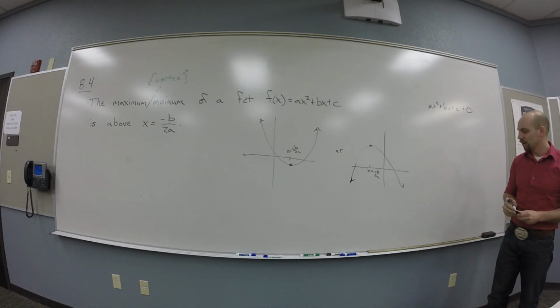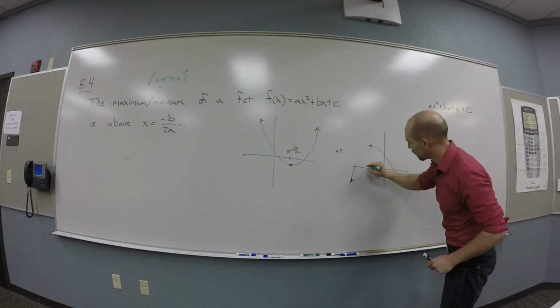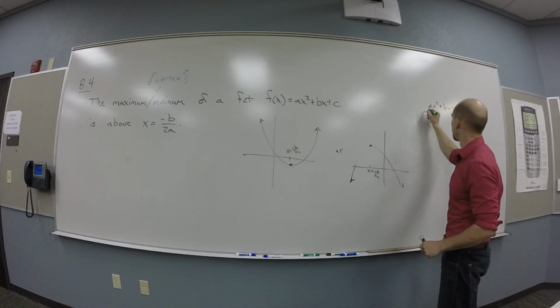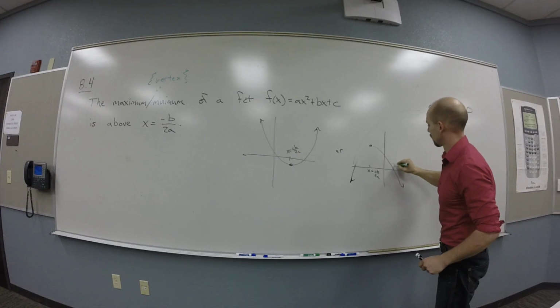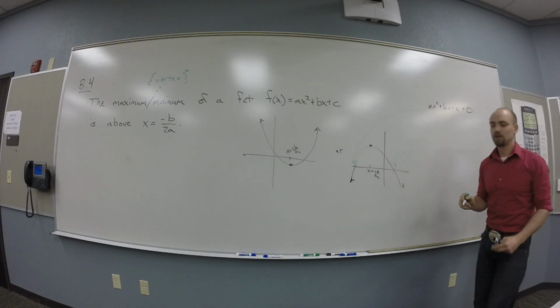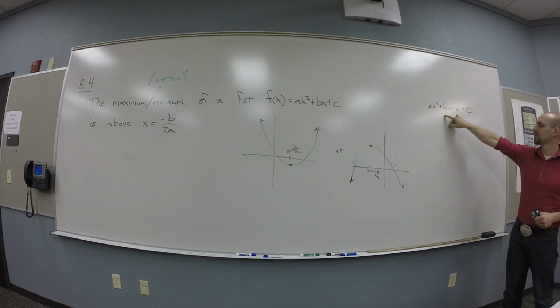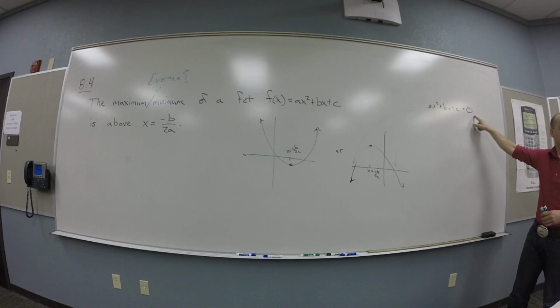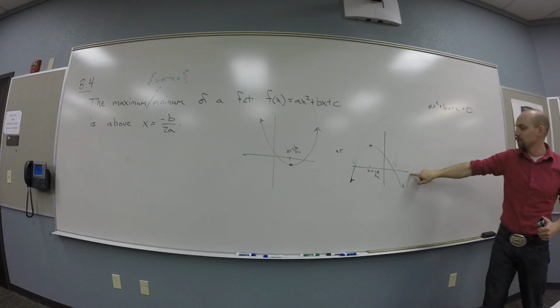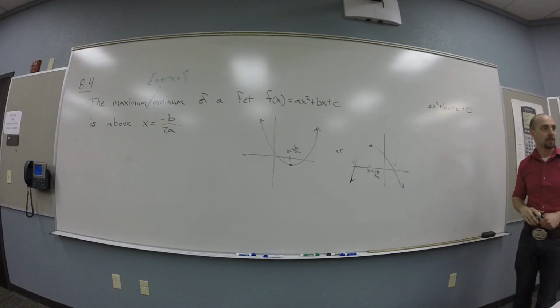So that's me looking for these two x values, right? That's really what it means to set this thing equal to 0. I'm wondering, where does this function give 0 as an output? So those spots where it gives 0 as an output are the spots where it crosses the x-axis. You guys cool with that?